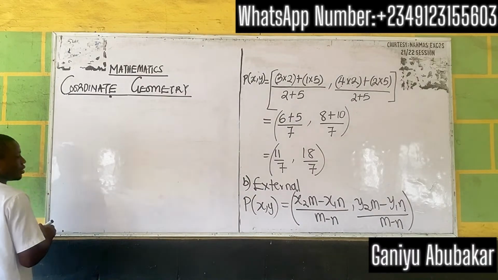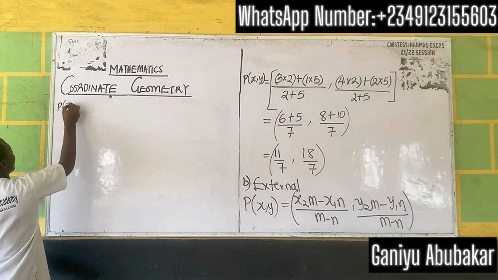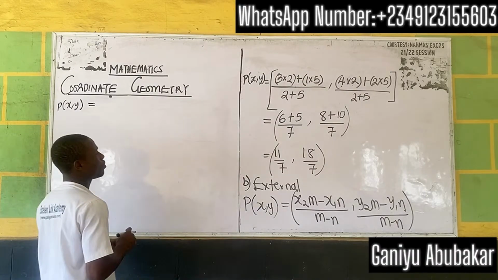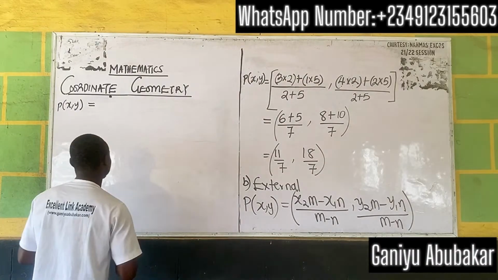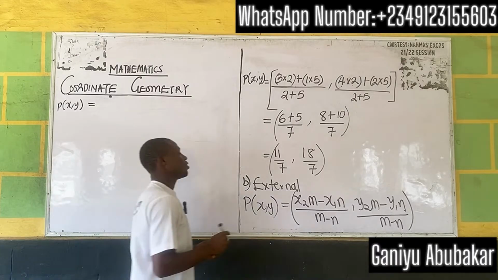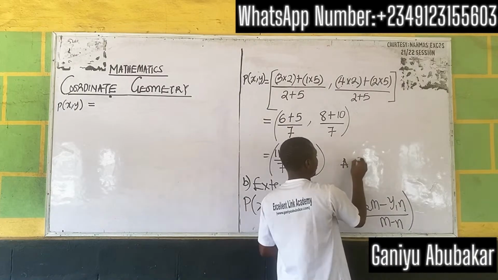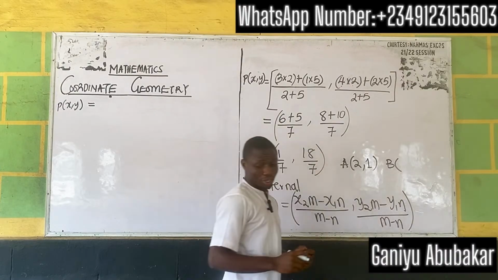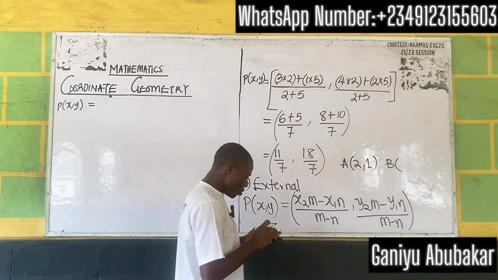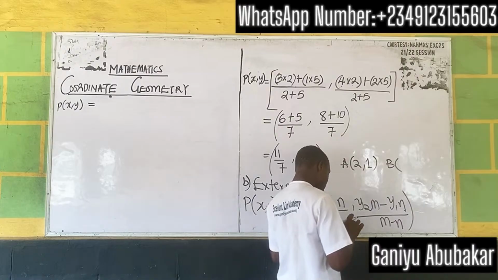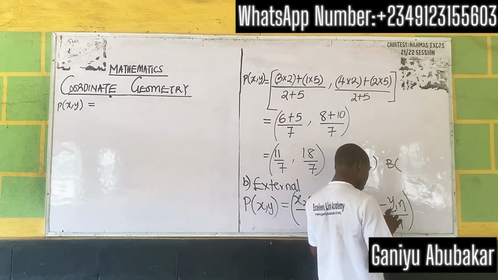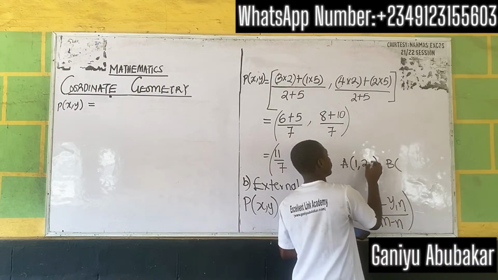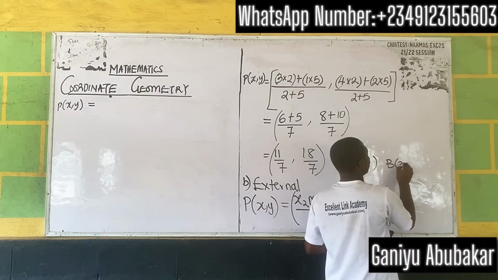For externally, my point P of x comma y will be equal to x2m. What's the coordinate? On the board, A is 1, 2 and then B is 3, 4.